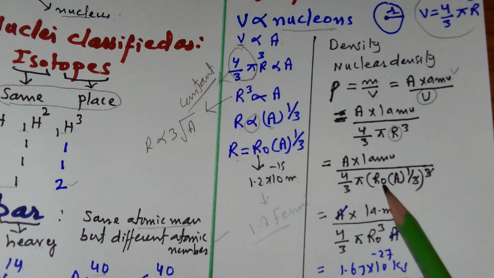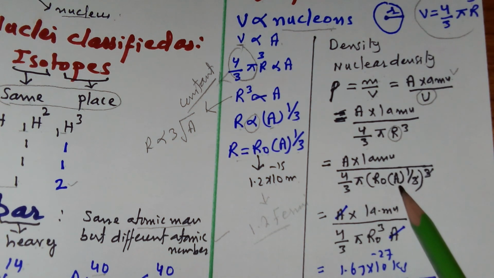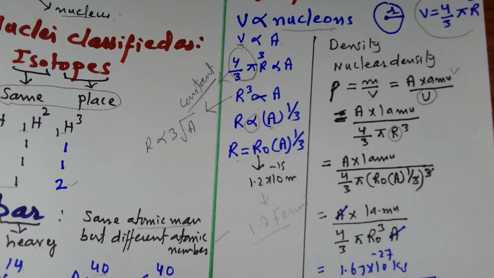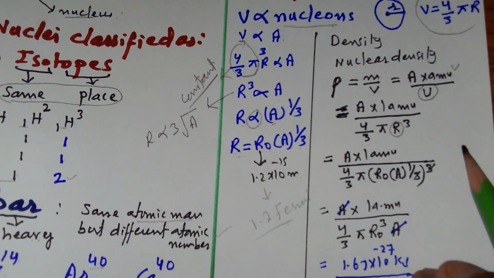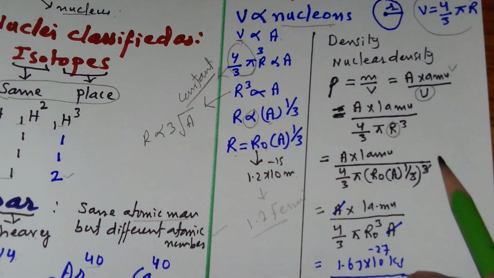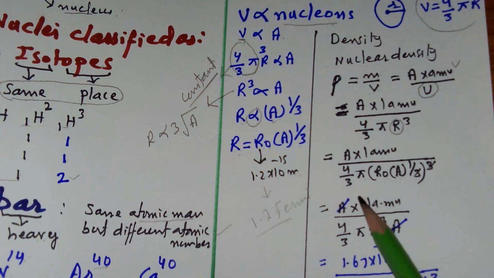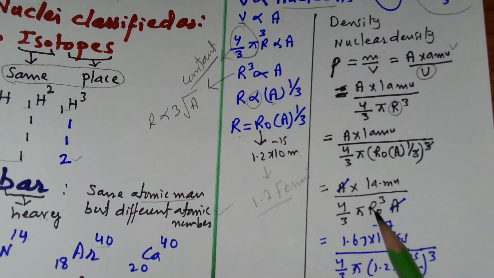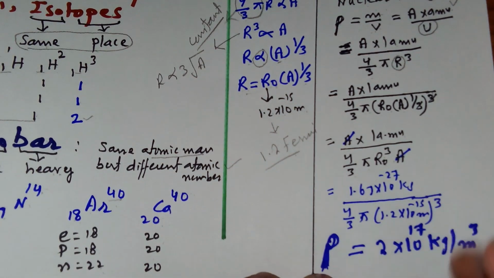So this will be r₀ A^(1/3), the whole cubed, and the 3 will cancel out. So we have this reduced form of the equation: A × 1 u divided by 4/3 π r₀³. So A and A will cancel out, so we will have this value.